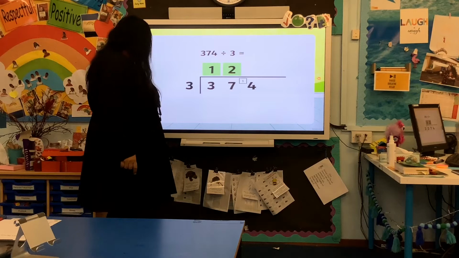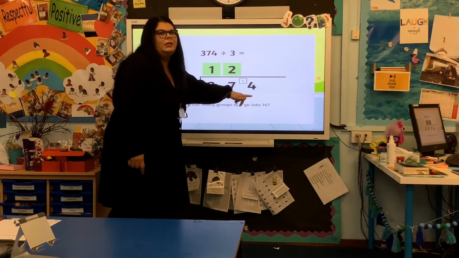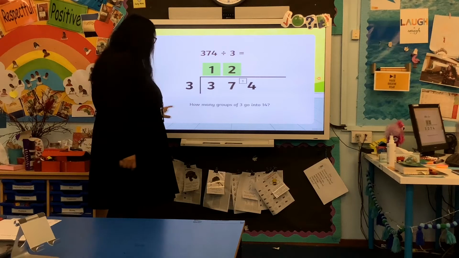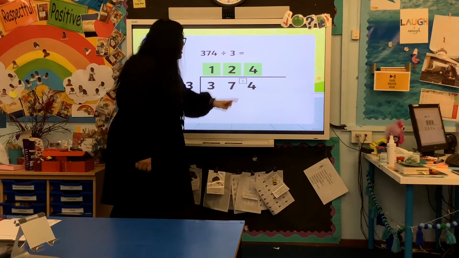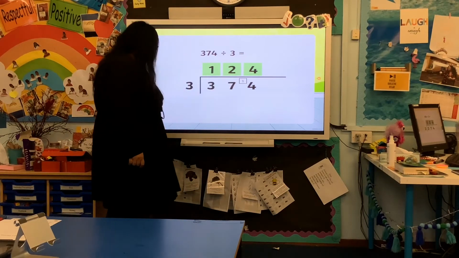So now our question is, how many groups of 3 are in 14? So again, our 3 times table, 3, 6, 9, 12. So that's 4. So I can get 4 groups of 3 in there, but that got me to 12. So how many have I got left over to get to 14?